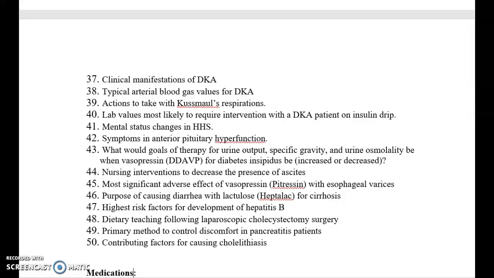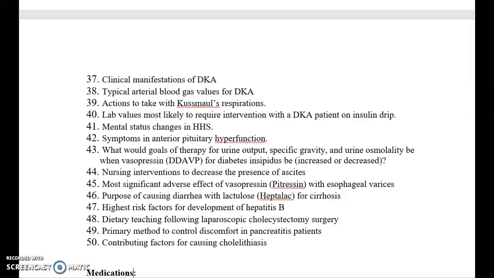Nursing interventions for ascites. If y'all haven't reviewed the audio tapes for hepatic and biliary, there are probably 7 questions at least that deal with some of those diseases. And you want to make sure that particularly these, but just listen to those real good as well.